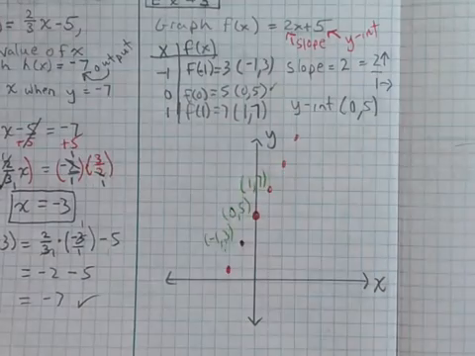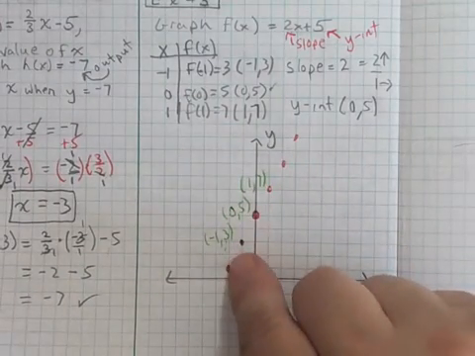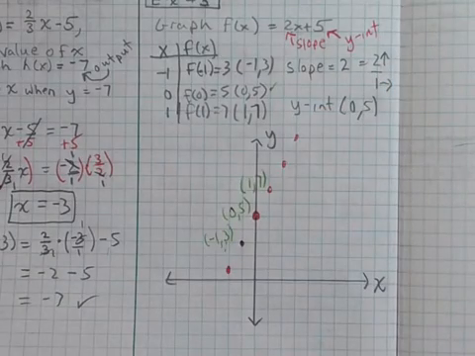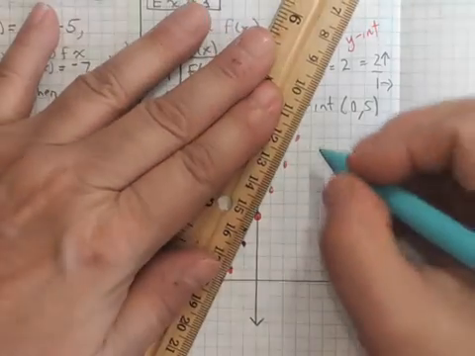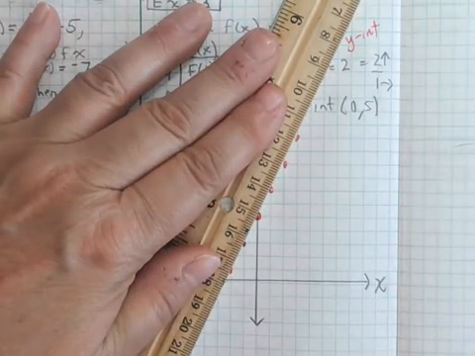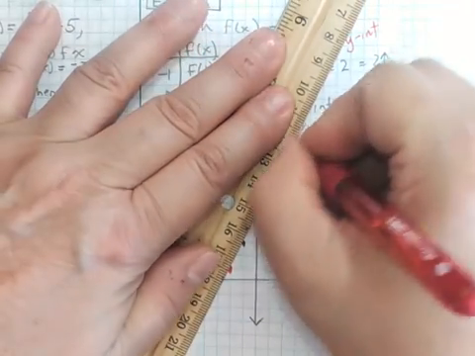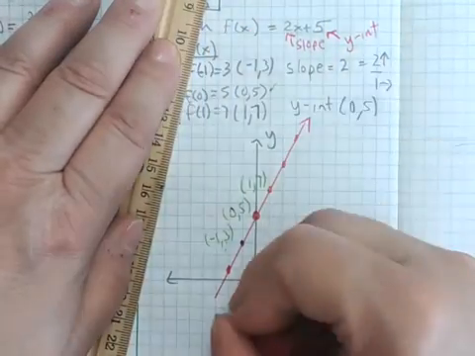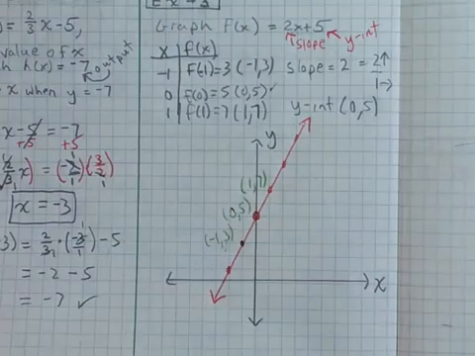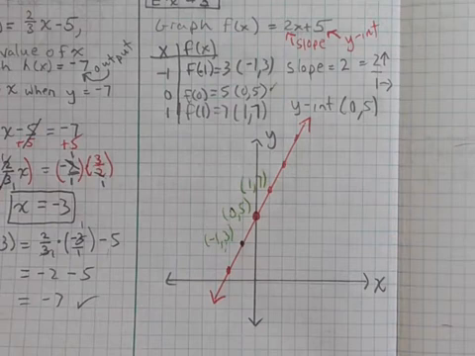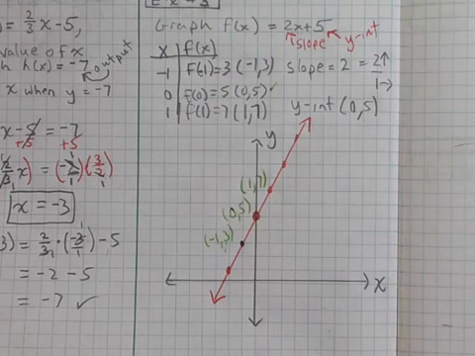So you could have plotted those 3 points, but instead we used the slope, the linear pattern. All right, anyway, it's a function, and we're going to connect those up. There's no restriction on the domain, so we assume it's continuous, unless they tell us otherwise. All right, so there is our graph. Time for you to practice.